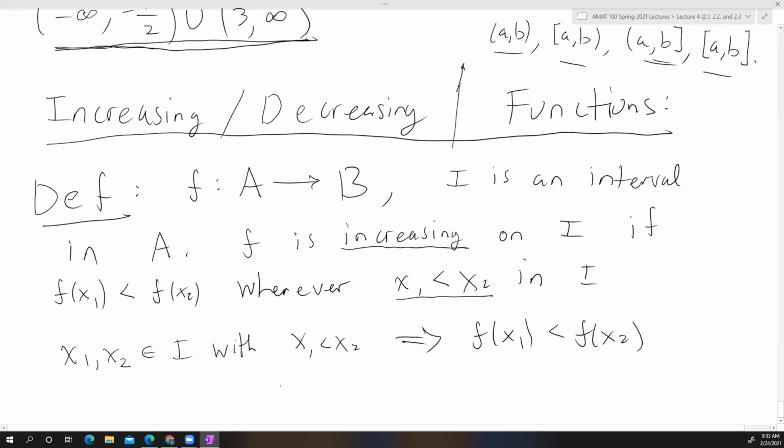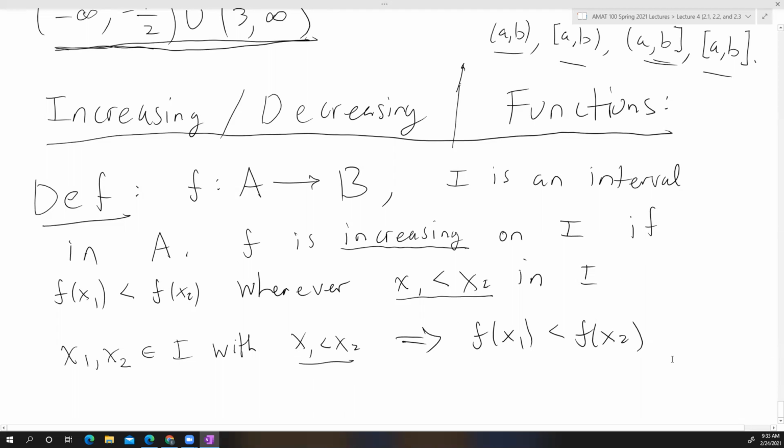So notice, as I said, if you have x1 less than x2, then f in some sense preserves this inequality right here. It's like you can apply f to both sides of the inequality and it will still stay a less than. That makes sense.